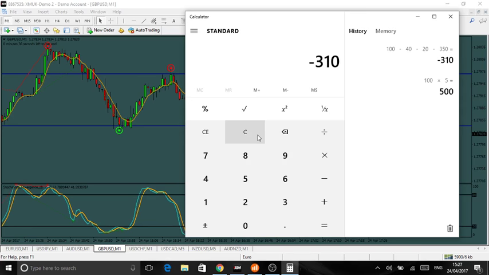Oops, I put times by mistake. So it was 100, take away 40, take away 20, add 350. So now your net profit is 390, even though you lost pretty much £60 on the two previous days.